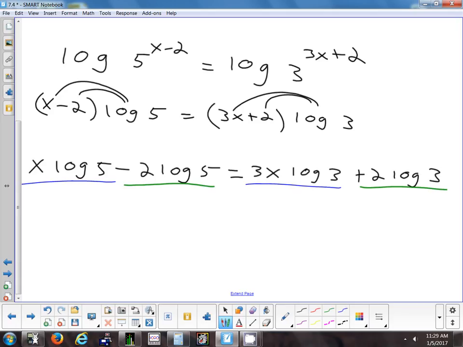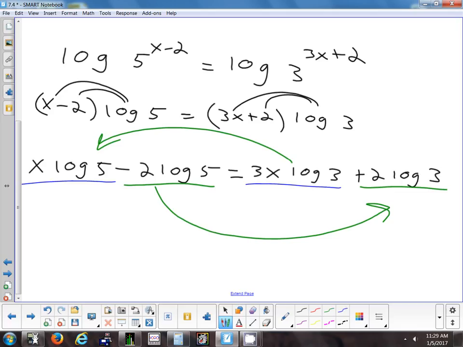So generally, when we solve an equation, we like to have everything that's just a number on one side, and we like to have everything that has a variable in it on the other side. So let's do that. Let's move everything with an x, we'll put it on the left. Let's move everything that doesn't have an x over to the right.